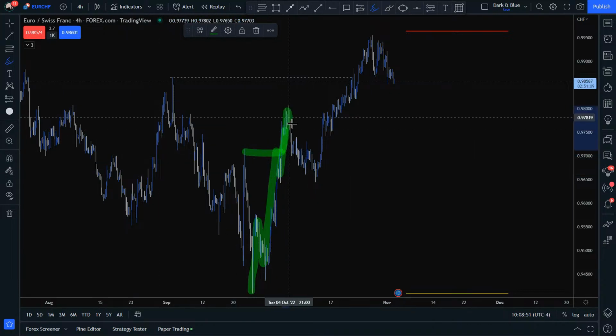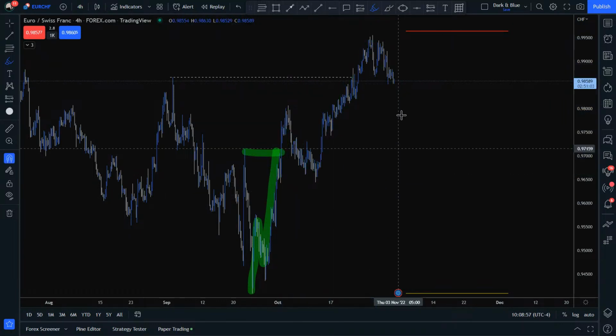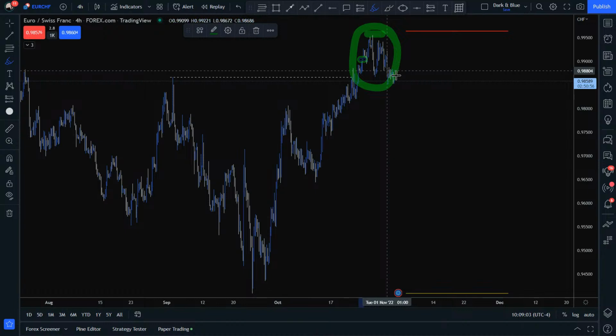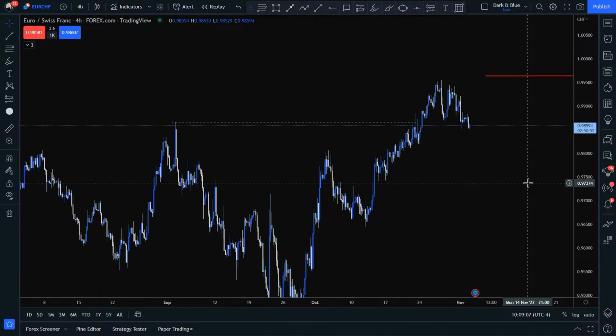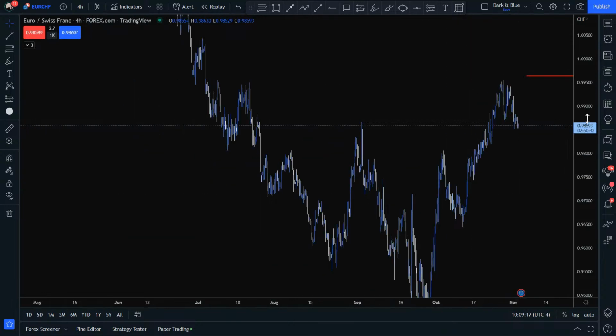Higher high, higher low, higher low, higher high here. All right. Price has failed to make a new high. We're breaking fractal structure. We have a fractal break of structure here. This is on the 4 hour. So I'll wait till we get to the 15 minute to take a harder look at that.